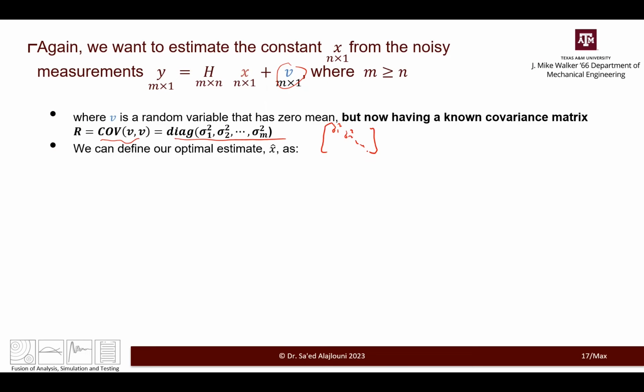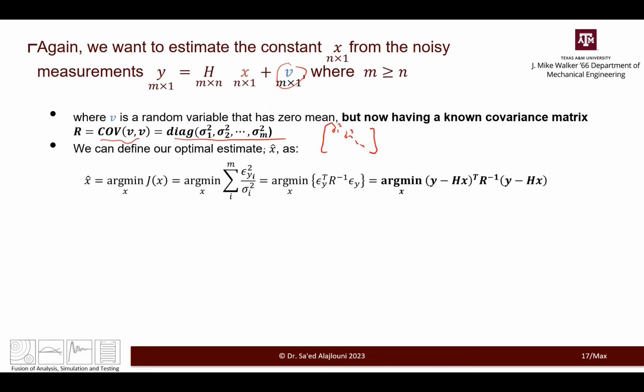So in this case, our optimal estimate is we want to minimize not only the mean squares, the squares of the error vector that we introduced earlier. Each element in that error vector, we want to scale by dividing it by sigma squared.